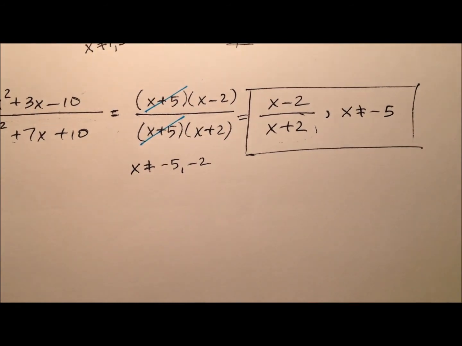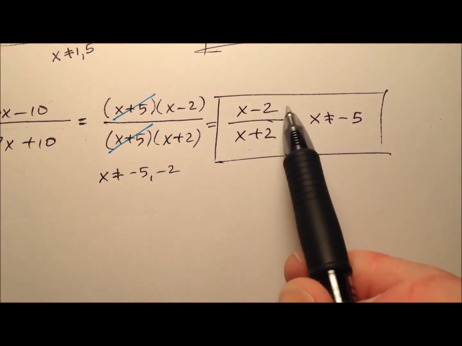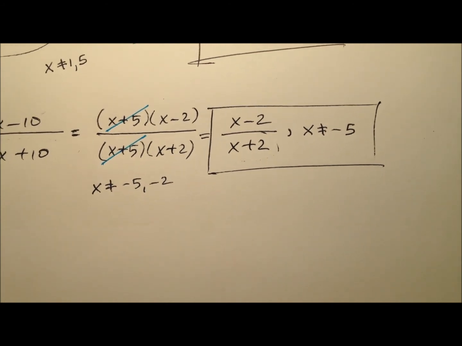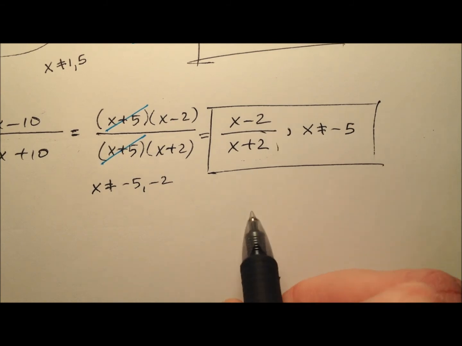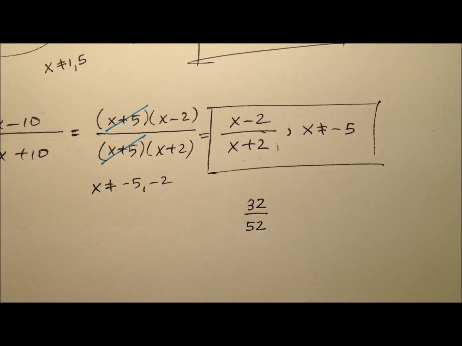Okay? Here is one common mistake that students make. They either see the 2's here or the x's here, and they start to just hack off pieces of the expressions. Well, you can't do that. Here's what happens when you do that. It's just like saying, look, I have 32 over 52, and you say, hey, they both end in 2.